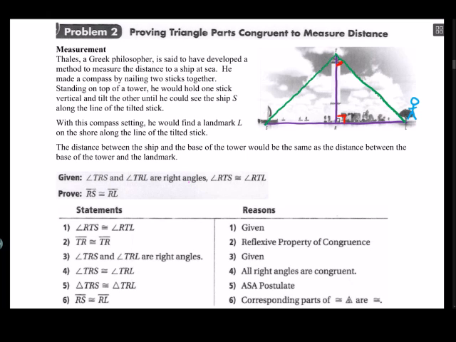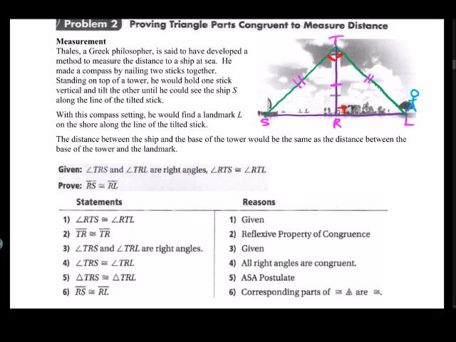He knew that these two angles are congruent because he just reflected that angle. He just flipped around. So those angles are congruent. And this line, by the reflexive property, this side of our triangle is of course congruent. And we need some labels on our triangles here. Let's look at the proof for this.